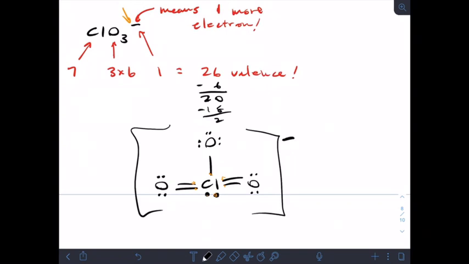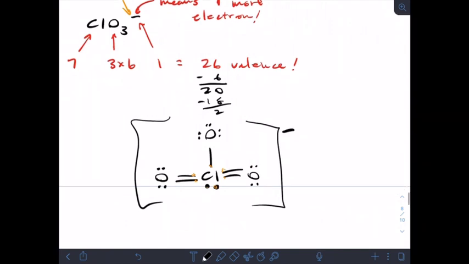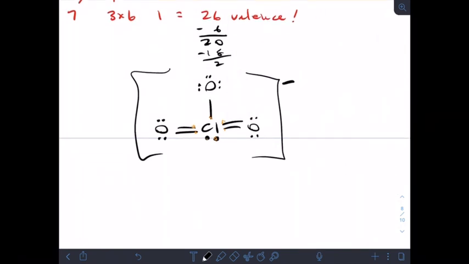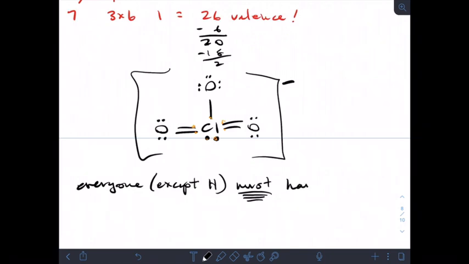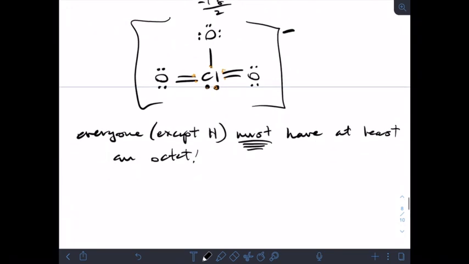Now, what I've done here is that my chlorine has 2, 4, 6, 8, 10, 12 electrons around it. That's a lot, okay? Here's the deal with the octet rule. Everyone except hydrogen must, and that's a big must, have at least an octet.